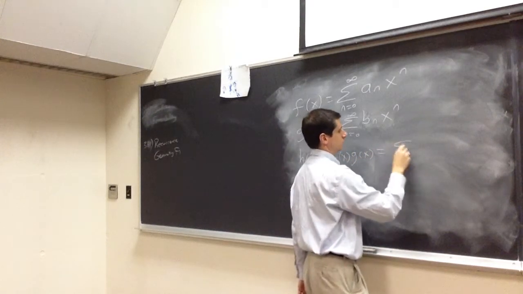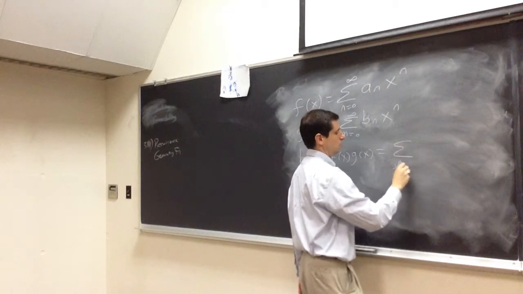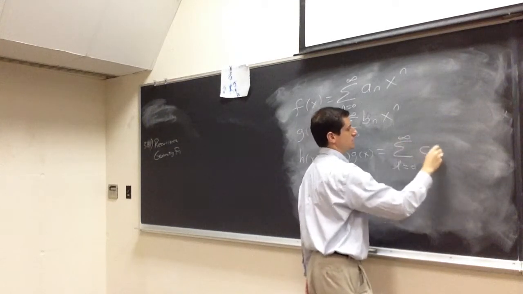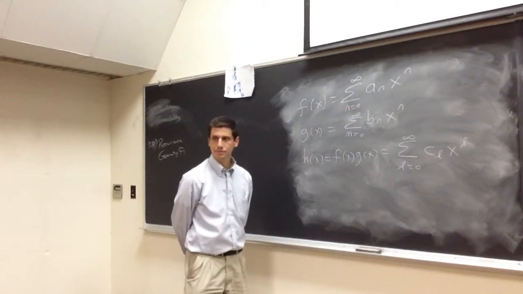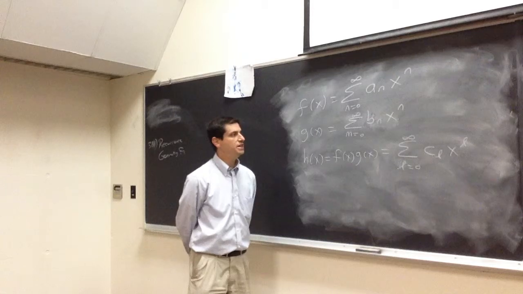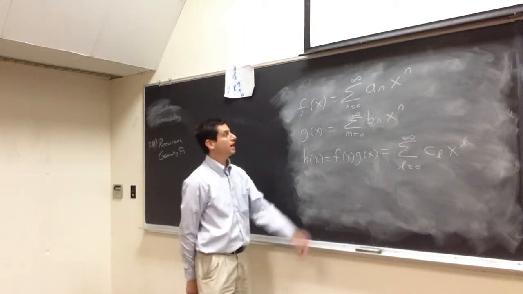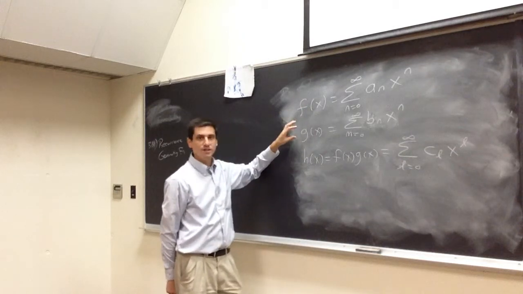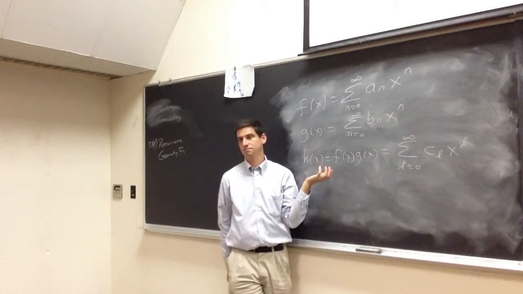It's going to be a sum, L goes from 0 to infinity, cL x to the L. Let's just pretend everything converges and we don't have to worry about justification. Does it make sense that if you multiply the series for f times the series for g, you'll get some series for f times g?